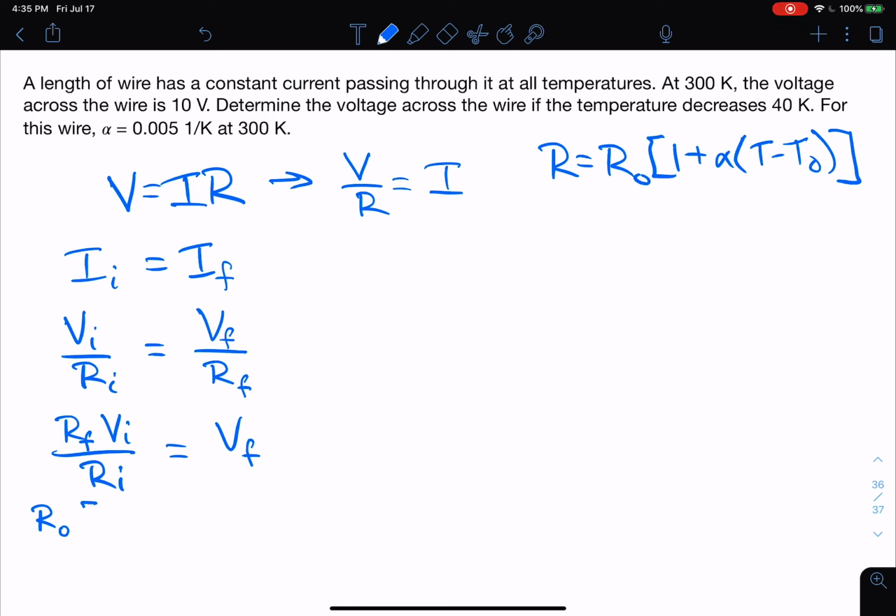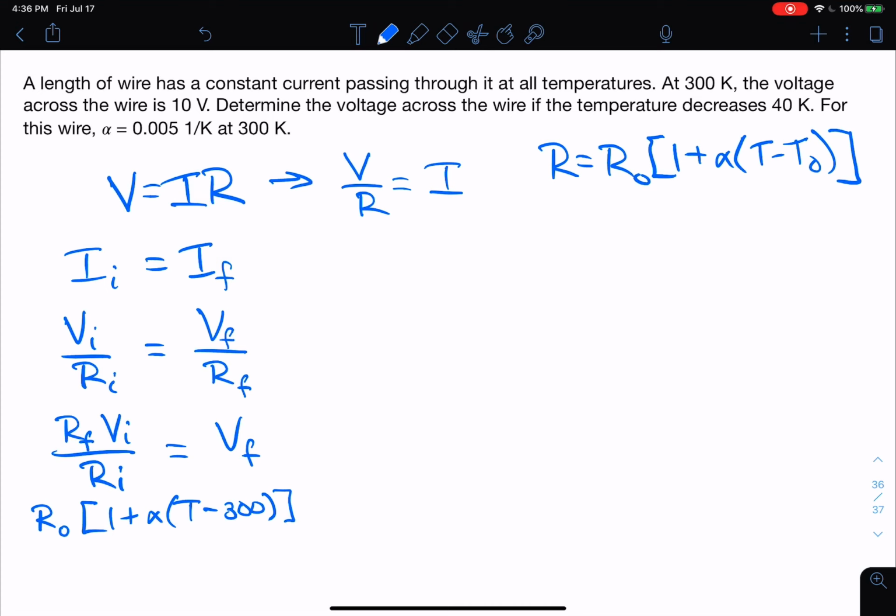And let's see, that's 1 plus alpha, I'll put that value in later, times T minus T naught. Now, I am told alpha at this temperature. This is my T naught. Alpha is given to me for this temperature, that's my T naught. So I'll just go ahead and put that in as 300.